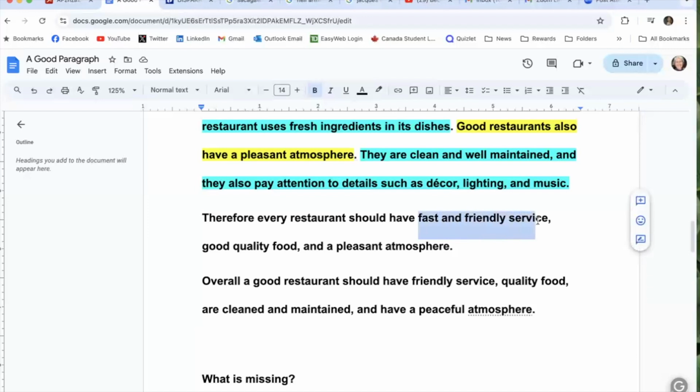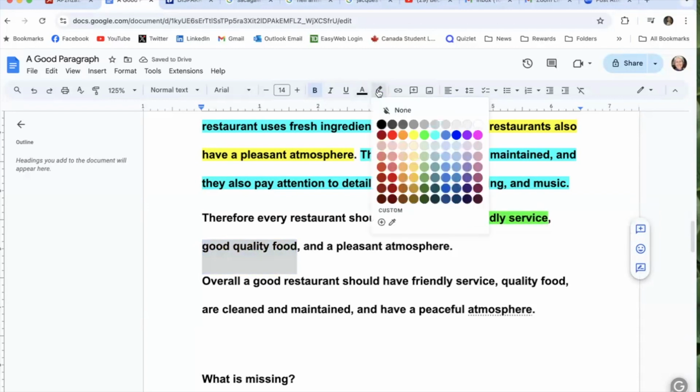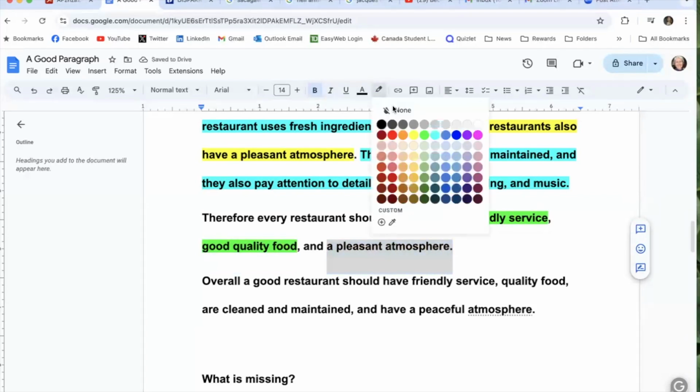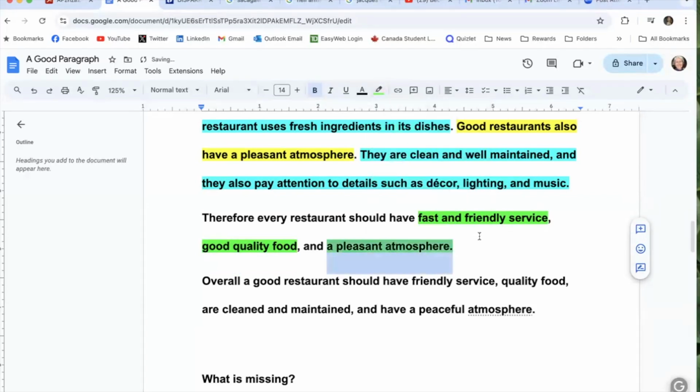And I'm going to highlight, I'll do it in green. This is parallel structure. Fast and friendly service. Adjective, adjective, noun. Good quality food. Adjective, adjective, noun. And here, this is fine. Adjective, noun.